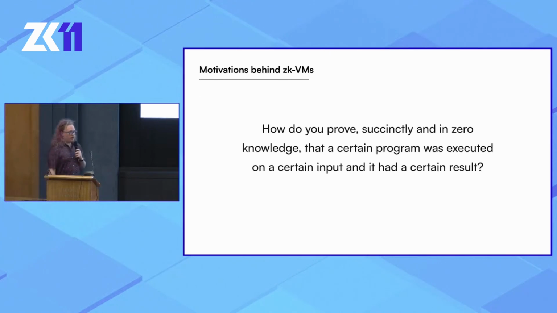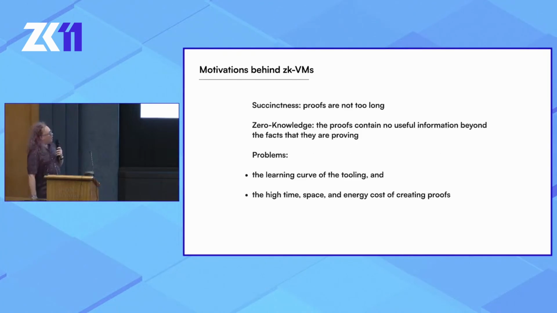So we've been talking about zero-knowledge all day, but let's recall a zero-knowledge virtual machine is supposed to be a universal ZK circuit. So something that allows you to verify the result of an arbitrary computer program. The desiderata, as usual: we want proofs to be succinct, much easier to verify than the original computation is to perform, and we want to do it in zero-knowledge, so not revealing anything about intermediate states or private inputs.